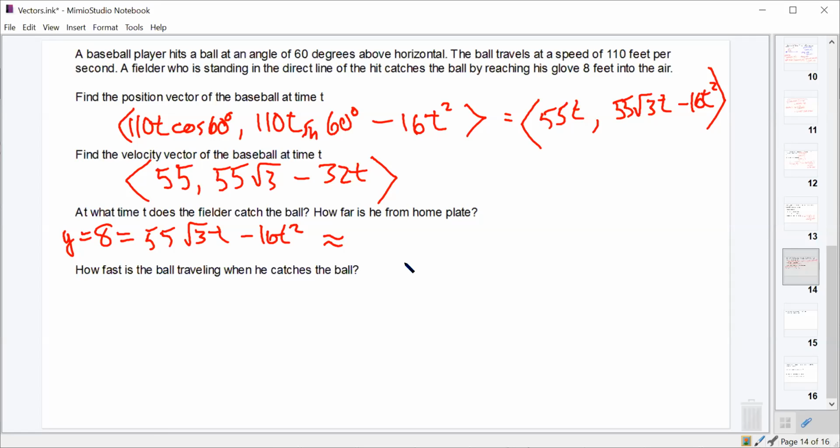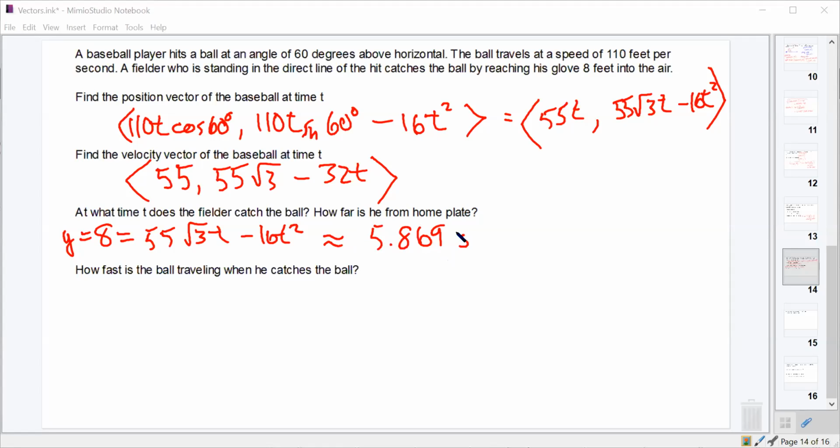I got 5.92 or something like that, close to what Darius got. All right, I must have just typed something in slightly wrong. So we'll call that 5.869. A couple of you got that. 5.869 seconds afterwards. And we want to know then how far is he from home plate at that time?